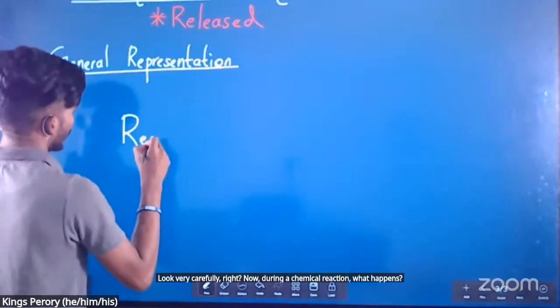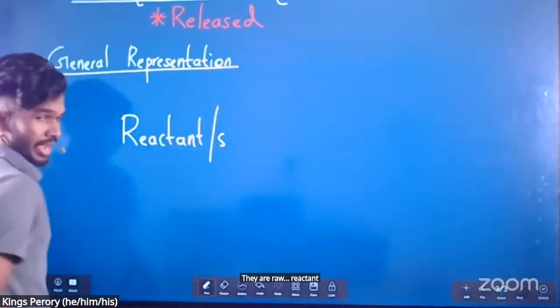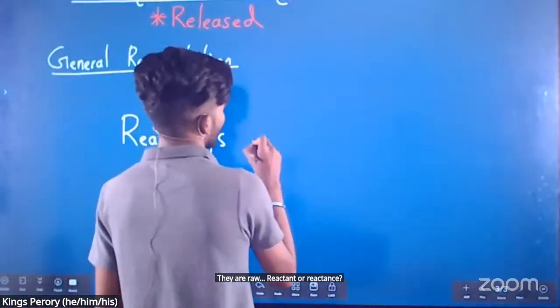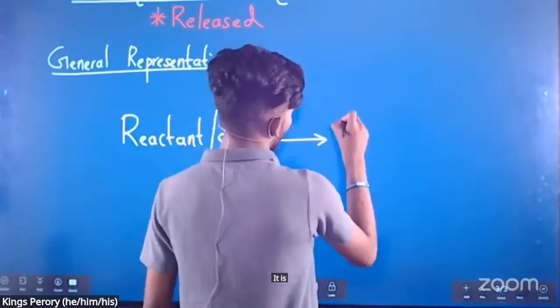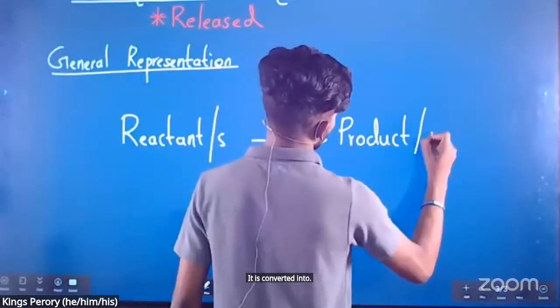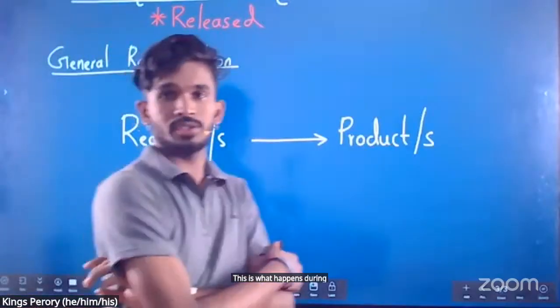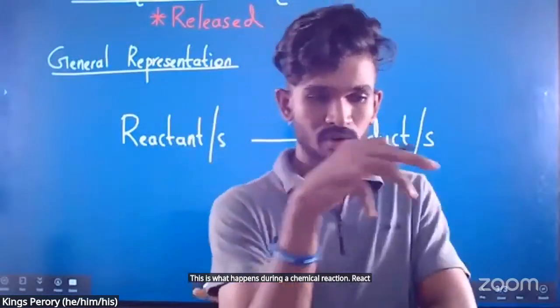There are reactant or reactants. They are converted into product or products. This is what happens during a chemical reaction. Reactants are there, they convert into products.